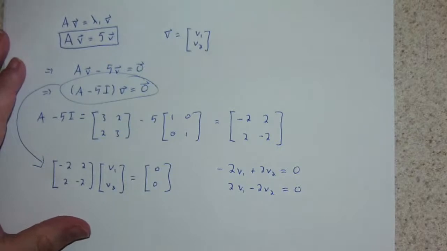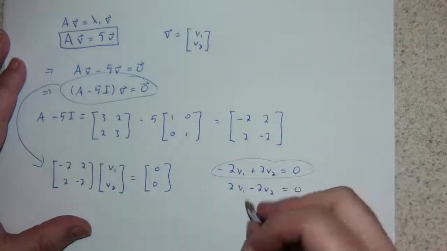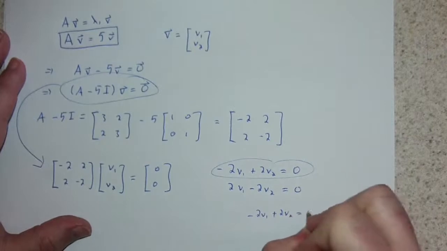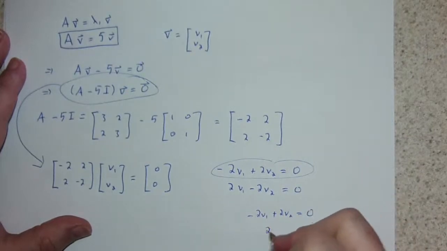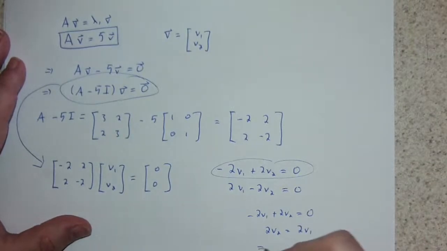Now, what we can do here is just pick the first one. If we pick this one, this means that minus 2v1 plus 2v2 is equal to 0, so that 2v2 is equal to 2v1, so that v1 is equal to v2.